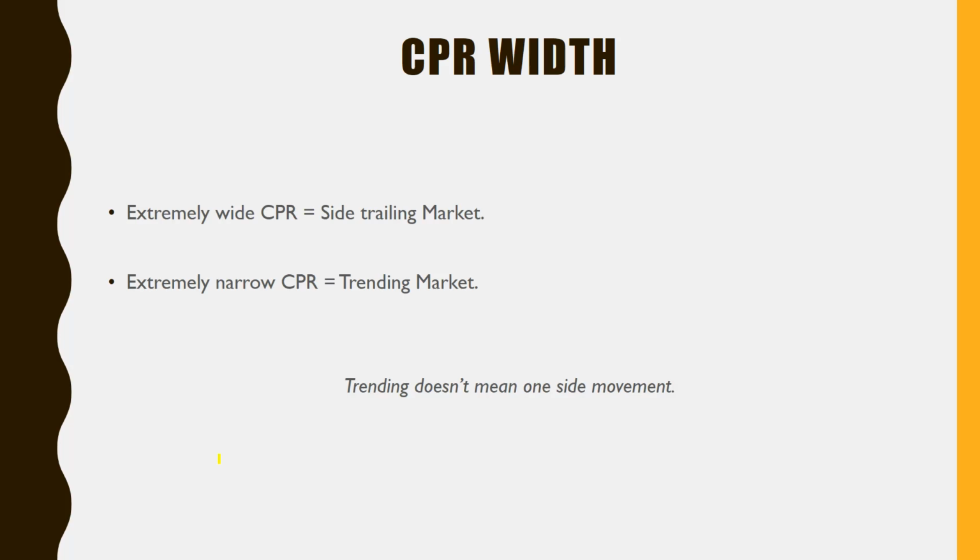In CPR you have the central pivot line, upper boundary, and lower boundary. CPR width is the difference between the two boundaries, upper and lower. If you subtract their values, you get the width: upper boundary minus lower boundary.